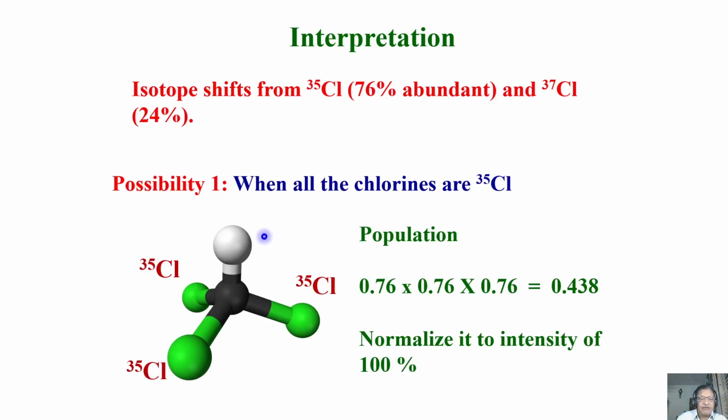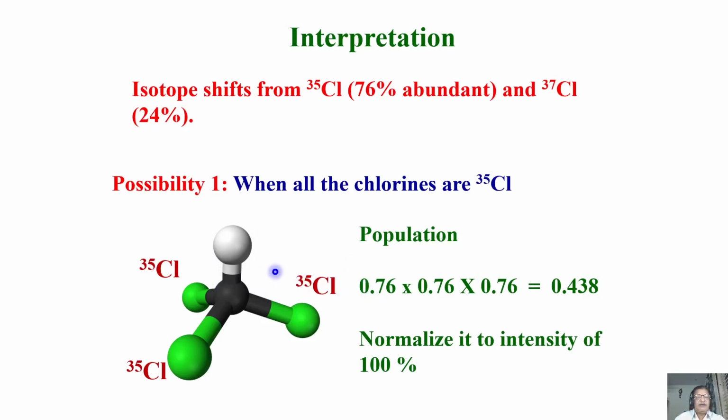This is my CFCl3 molecule. This is fluorine. There are 3 chlorines present here. Let us consider the situation. What is the probability of population of an isotopomer where chlorine 35 is present in all the chlorines? Let us say all these chlorines are chlorine 35.